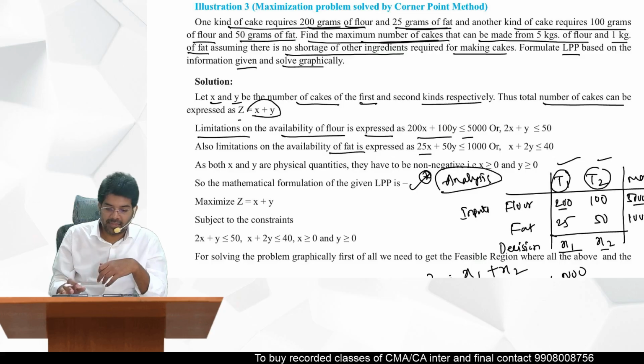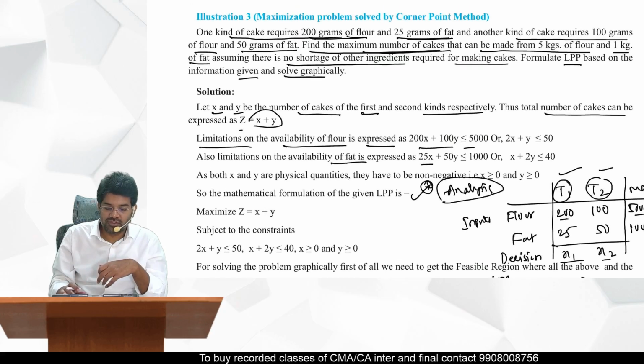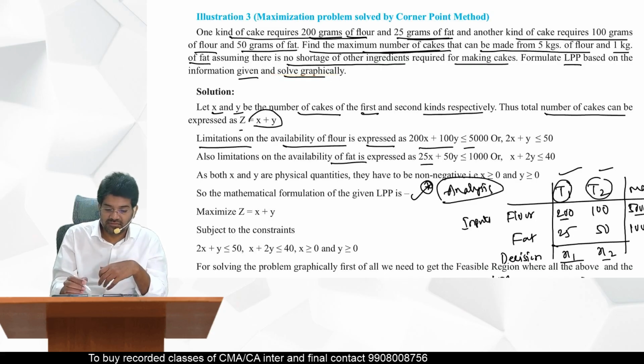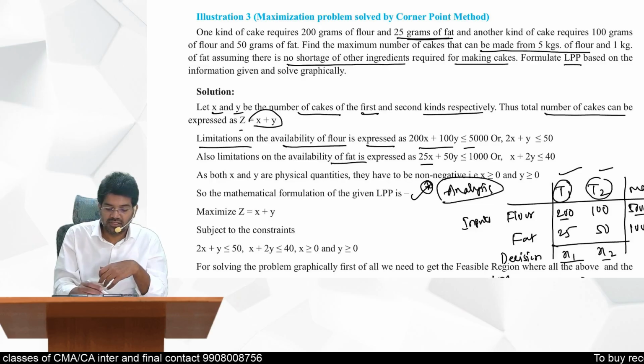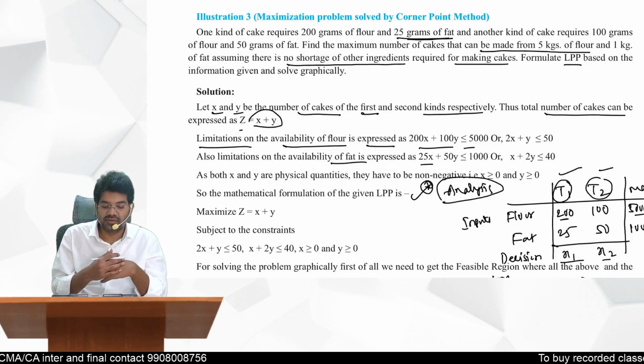Now we have to solve this by the graphical method. Solve graphically, they have given. So once again quickly we will read this question, then see what conditions are given here.